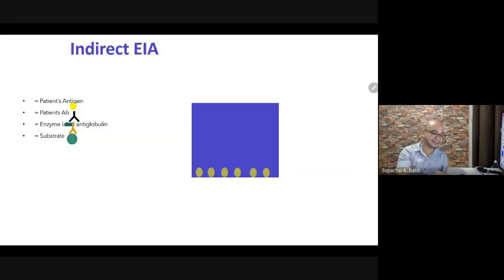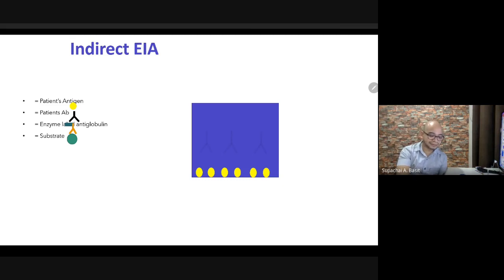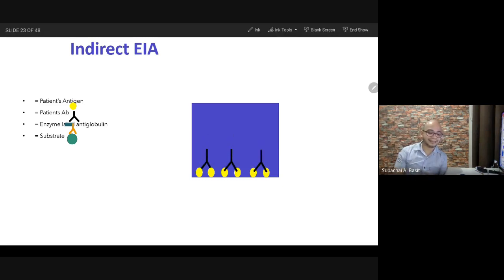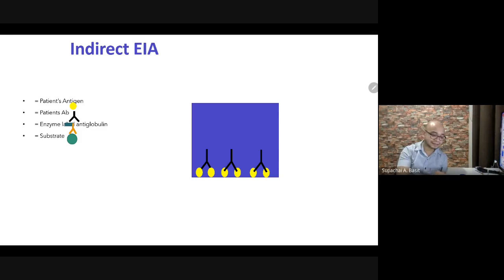So something like this: antigen is bound to the solid phase, and then the patient's antibody is added. Then this is the enzyme-labeled antiglobulin. Then substrate is added, and that will result in the color change. This is the principle of indirect enzyme immunoassay.